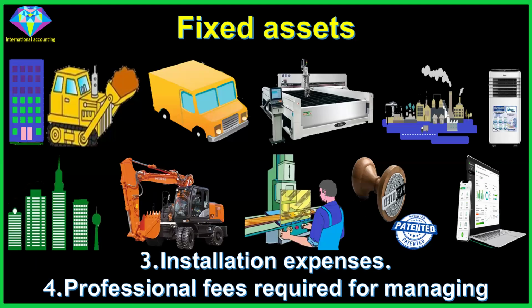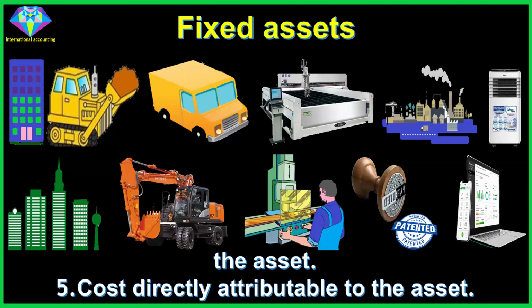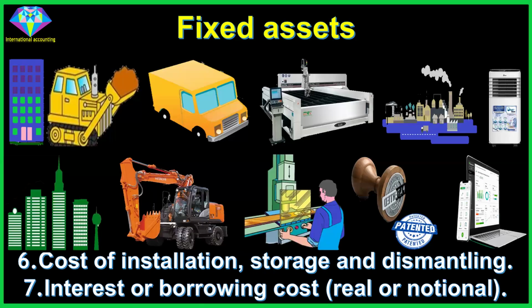Installation expenses. 4. Professional fees required for managing the asset. 5. Cost directly attributable to the asset. 6. Cost of installation, storage and dismantling. 7. Interest or borrowing cost, real or notional.